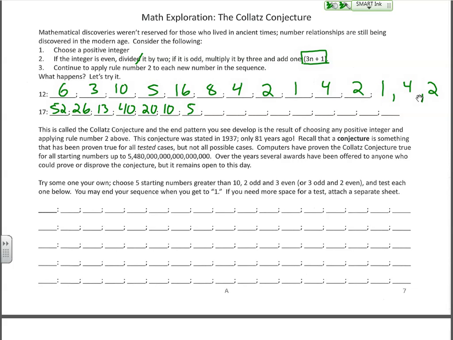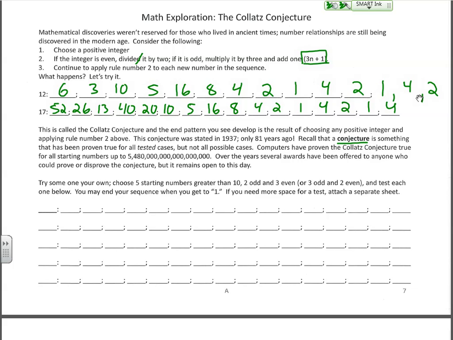You probably see the pattern here in relation to the one up above. 5 being odd, multiply by 3, add 1, that brings us to 16. And then 8, 4, 2, 1, 4, 2, 1, 4, and we're in that never-ending cycle. So the reason why this is a conjecture is something that has been proven for all tested cases, but not all possible cases.